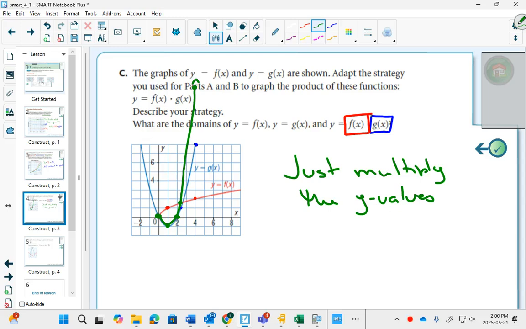What do we do over here? What do we do at -2? At -2, I have a point on my blue graph right here, at 8. But I have no point on my red graph. Can I multiply? So we find out that if one graph doesn't exist in a section, you can't multiply, add, or subtract.